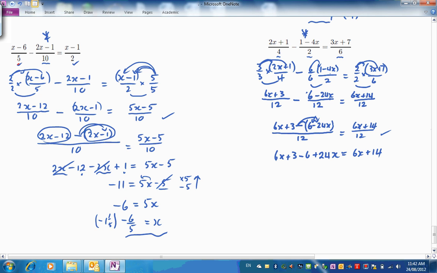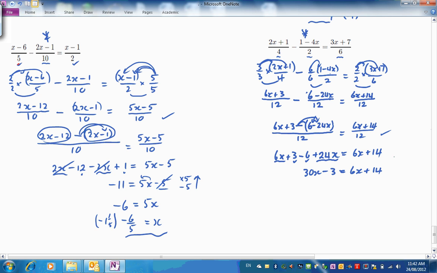Okay, let's collect up the x's. 6x plus 24x is 30x. Now collect up the numbers. 3 take 6 is neg 3 equals 6x plus 14.